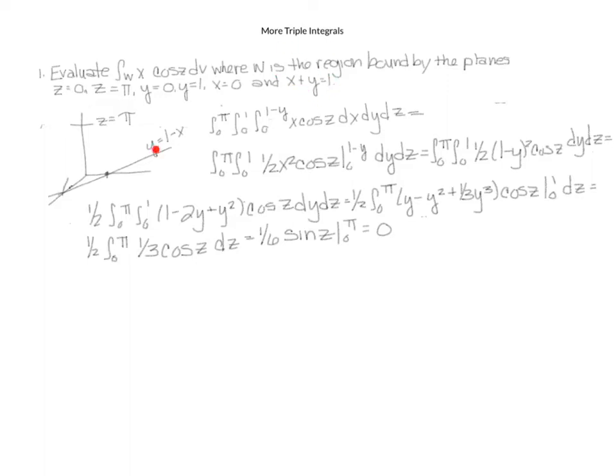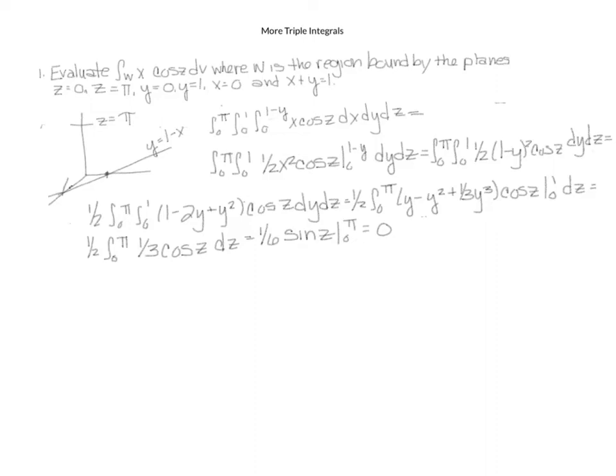I rewrote that as y equals 1 minus x, so I could write that line here. So I plotted the line: when x is 0, y is equal to 1. When x is 1, y is equal to 0. So I have my line plotted here, but just realize that it goes all the way up. And also it's a plane, so it's tilted and most likely hits the z-axis.